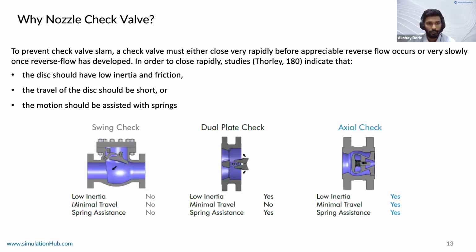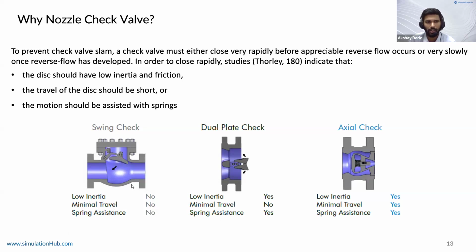So if we look at the three parameters, the inertia should be low. Swing check valves obviously do not fall in that category. The travel should be minimal. Again, both the swing check valve and the dual plate check valve are not there. And spring assistance.